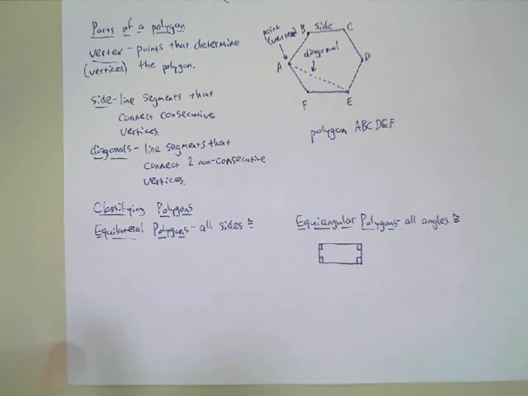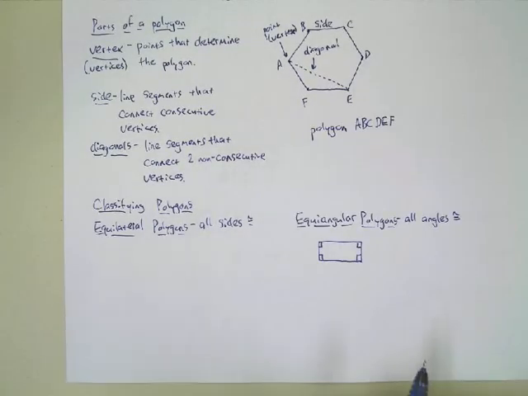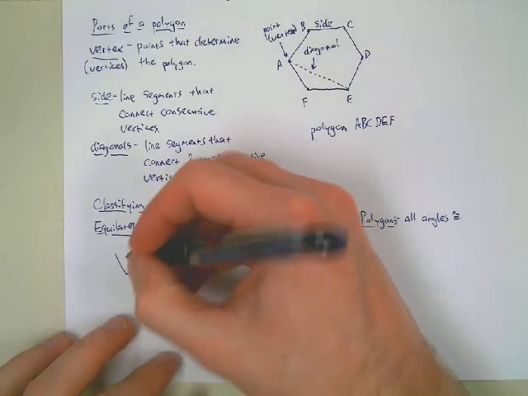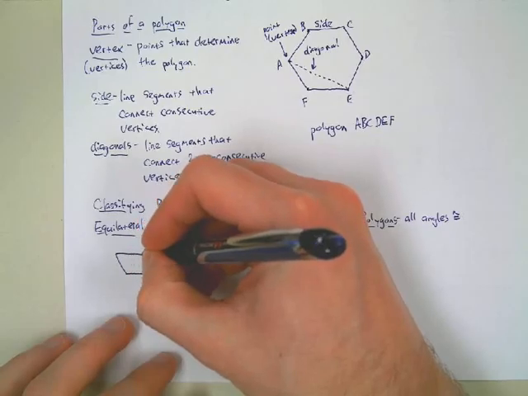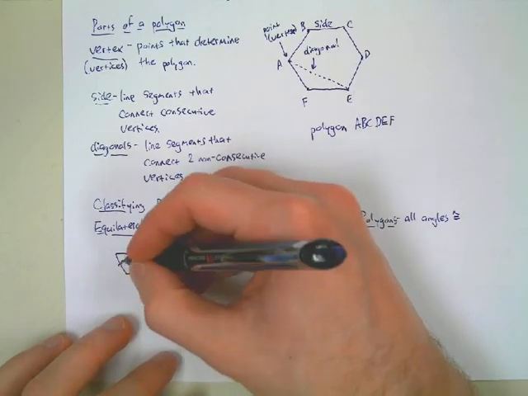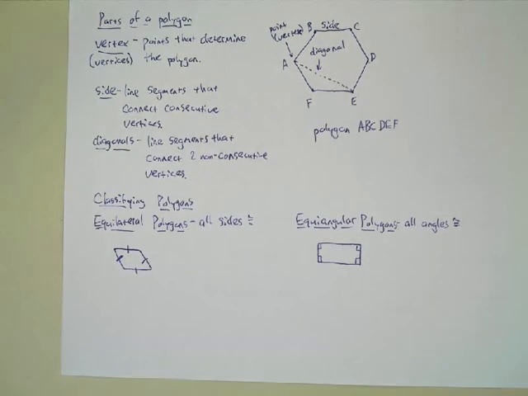Can something be equilateral but not equiangular? Patrick? A rhombus. Yes, a rhombus. The easiest ones I think to think of are the ones that only have four sides. A rhombus can be equilateral, but doesn't have to be equiangular, right? You can see that we're going to have some obtuse angles and some acute angles there. Obviously, you have to trust my drawing, but take my word for it at least.